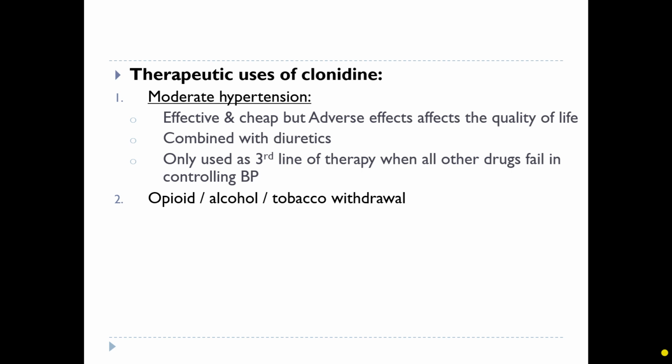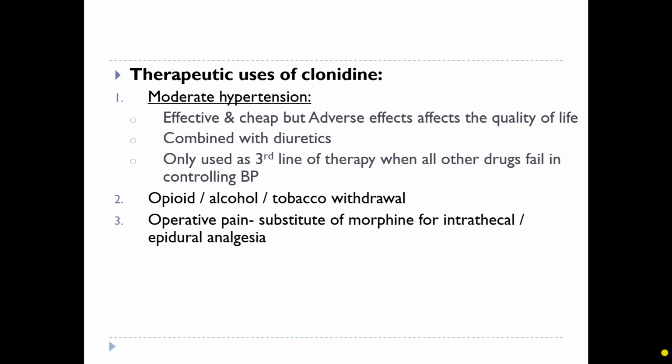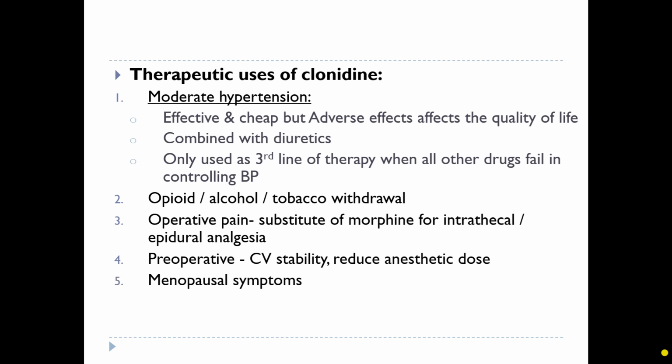So it can be useful for treatment of opioid withdrawal, alcohol withdrawal and tobacco withdrawal. It can be useful for treatment of operative pain as a substitute for morphine for intrathecal and epidural analgesia. For postoperative maintenance of cardiovascular stability and reduction in the anesthetic dosage, clonidine can be used as an adjuvant medicine in anesthesia.